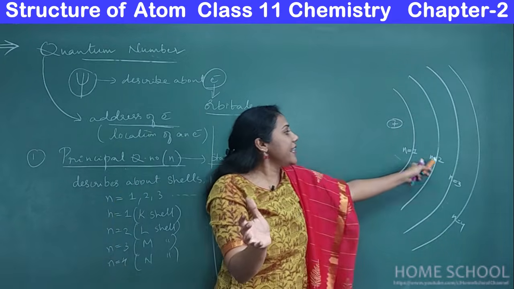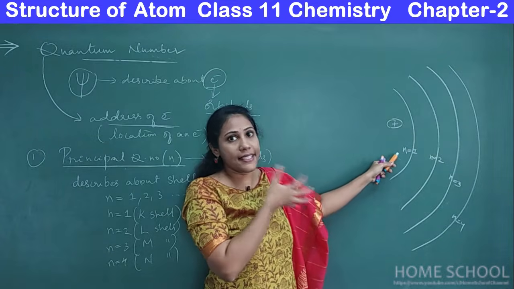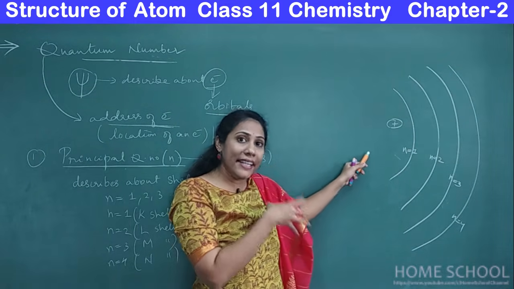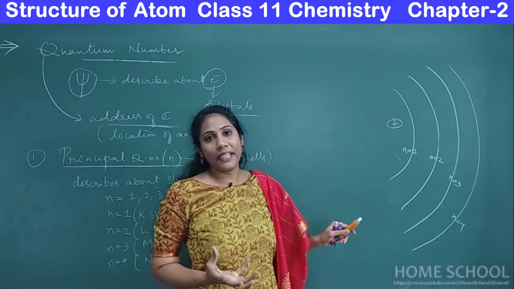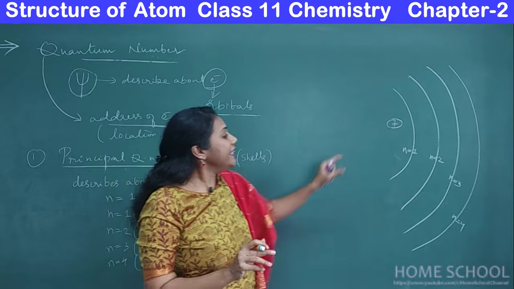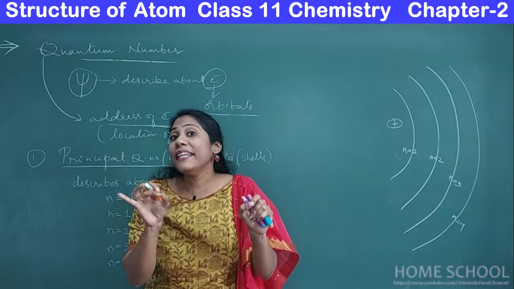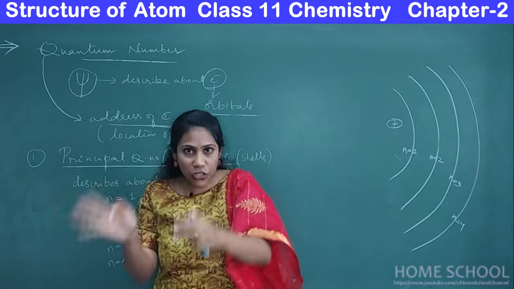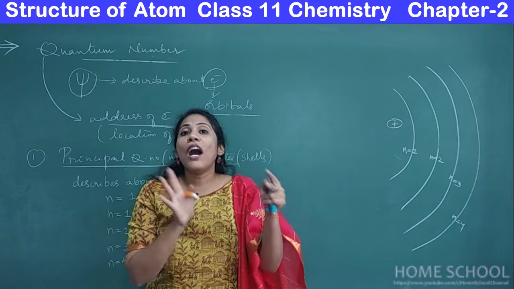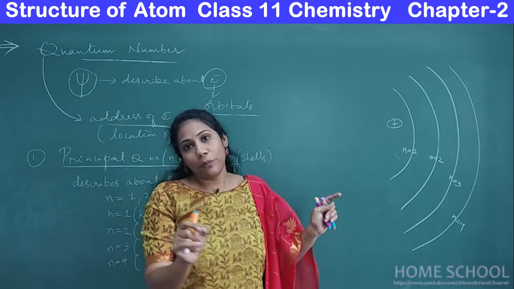So these are states, which have subshells, that is districts. And districts have towns or cities, called orbitals. So in a particular shell, if you want to know how many cities or orbitals are there, I mean in each state how many cities are there, for that we have a formula.